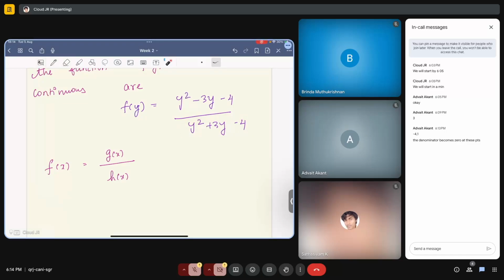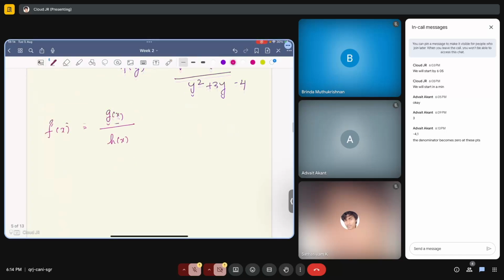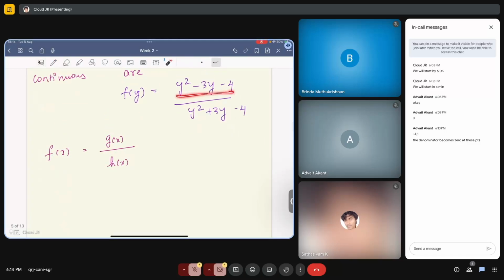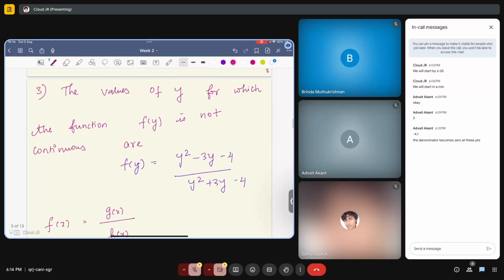Okay. So because these two are continuous functions, a quotient of continuous functions is continuous as long as the denominator is not equal to 0. And at those points where the denominator is not equal to 0, the quotient is continuous. So if you want to look at where it is not continuous, you are going to find all the points at which this polynomial has a root.